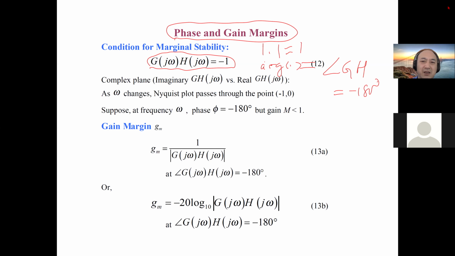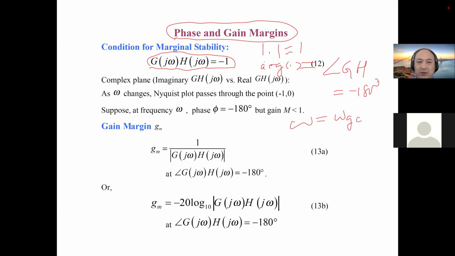So this is a point. When is the omega? That omega is called omega gain crossover, when it makes this 1. So at the gain crossover, what is the phase?